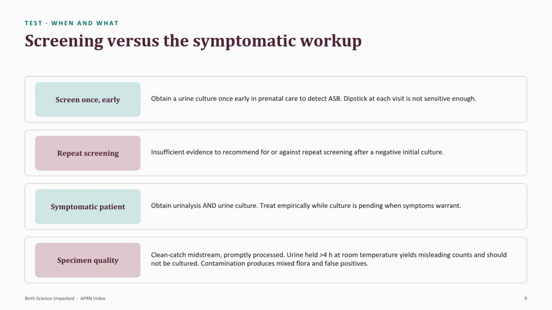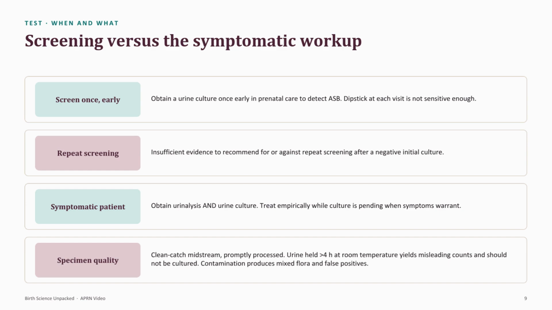Specimen quality does matter. A clean catch midstream sample needs to be processed promptly, and it also keeps you from chasing contaminants. If you have urine that is held more than 4 hours at room temperature, that can give misleading counts and should not be cultured.